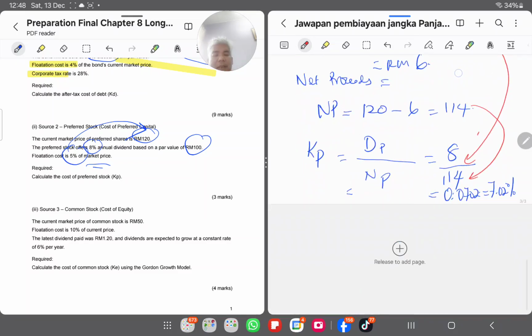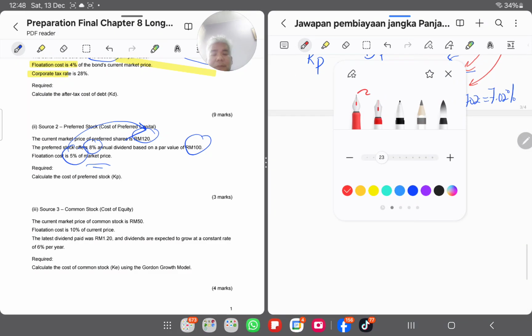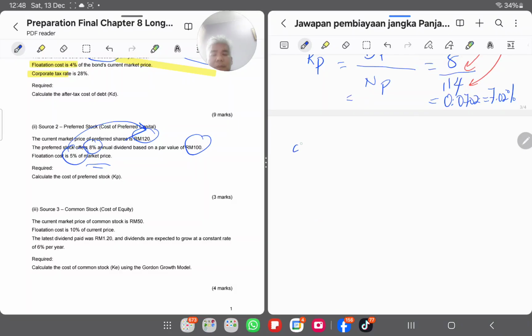Okay, and lastly, cost of common stock. We have covered the cost of preferred stock, and now last is cost of common stock.